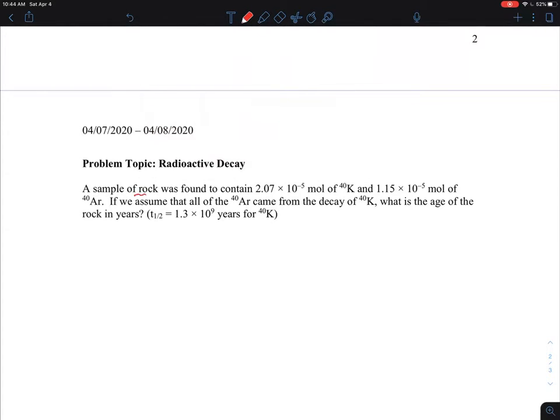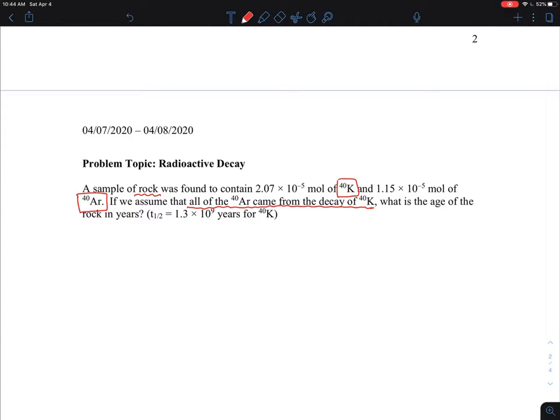The rock was found, and it contains potassium-40, and also argon-40. We assume that all of the argon came from the decay of potassium-40. What is the age of the rock in years?